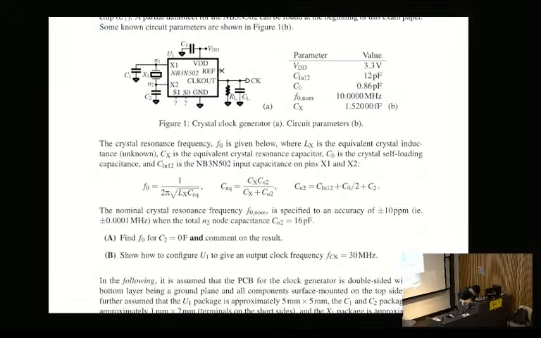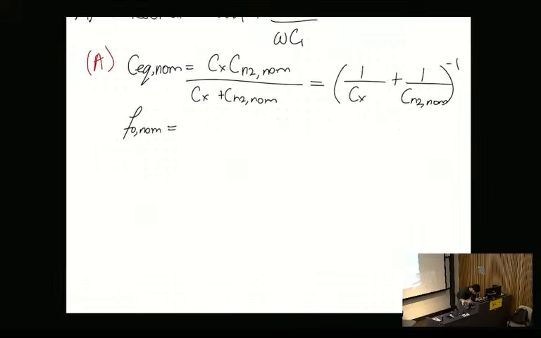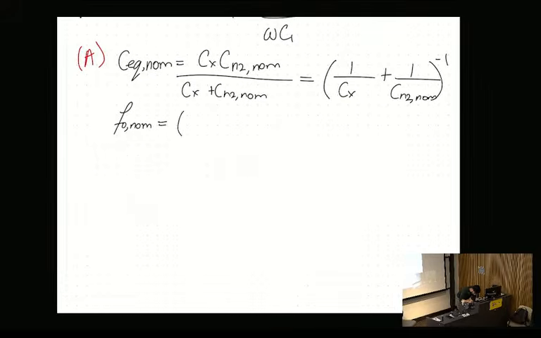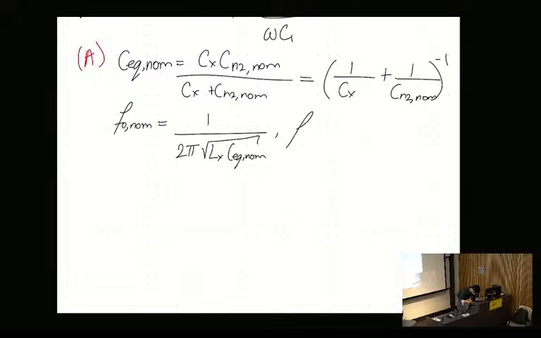we look at the question. So the nominal frequency is here, or just the frequency formula, but we need to write two different frequencies. The first frequency formula is 1 on 2 pi square root of Lx C EQ nominal. And then the other frequency formula we have is just the standard frequency, which is 1 on 2 pi square root of L C equivalent.